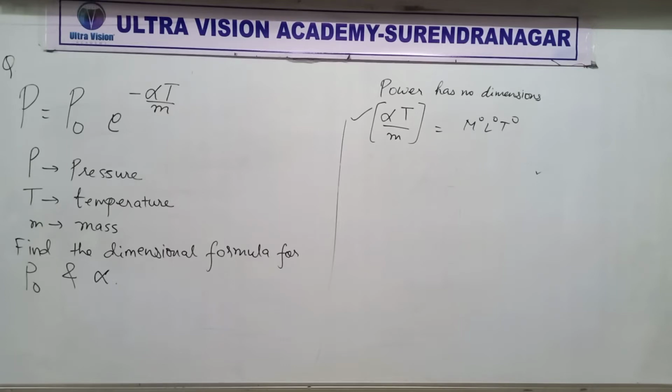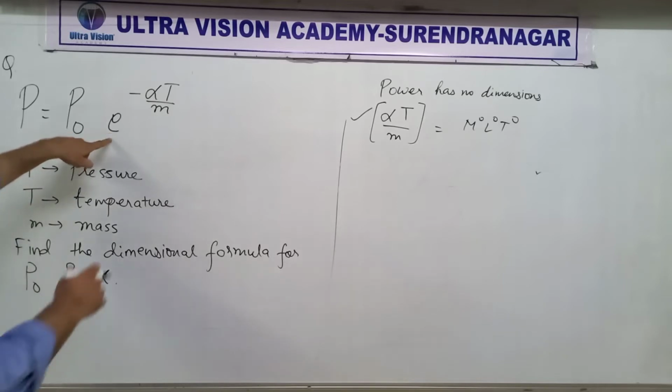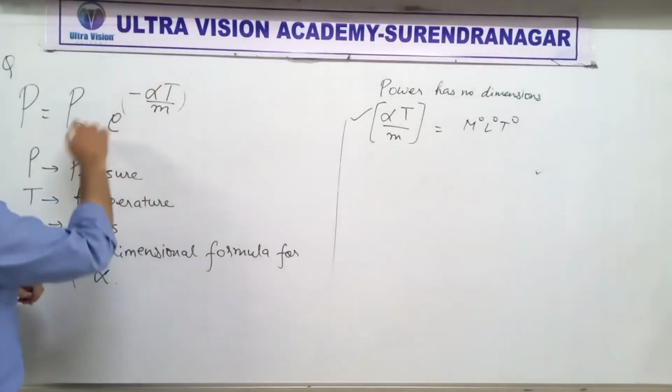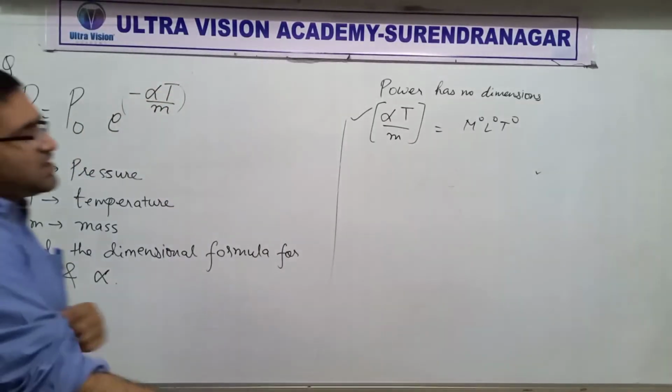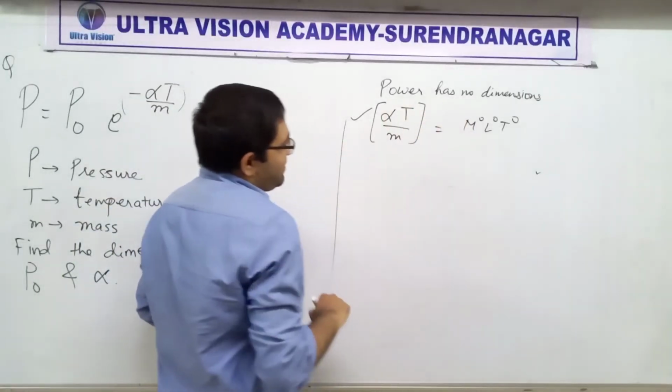Only 15 of you have understood. Read the rule carefully. The rule says power doesn't have dimensions. So this is e raised to minus alpha t by m, and this is the power, so it does not have dimensions.